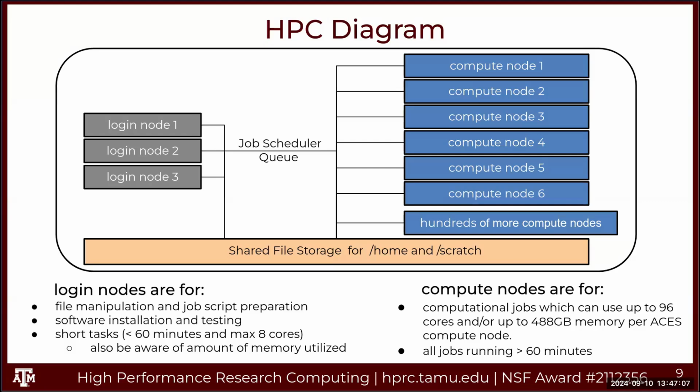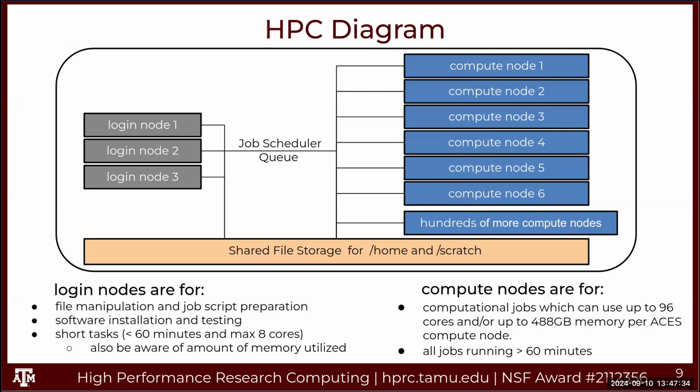We do have scripts in place so that if you run any tasks that reach 60 minutes, they will be automatically stopped. So just be aware, this is for short testing, and try not to use up all the memory on the login node, because that will slow down the performance for other users that are trying to edit their job scripts.